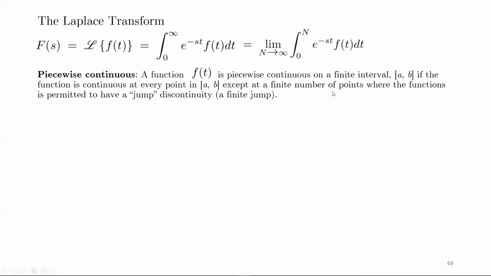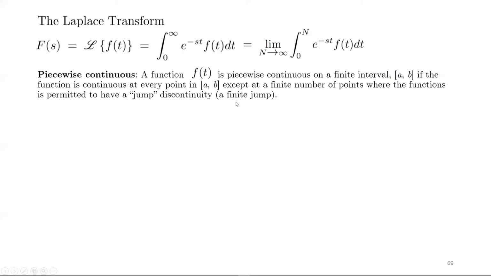Okay, so we can't have a gap. It can only happen at a finite number of points. And there the functions are permitted to have a jump discontinuity, but the jump must be finite. It can't jump to infinity.